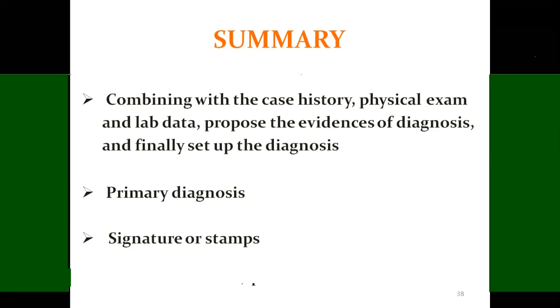After that you will make the primary diagnosis, because maybe your diagnosis is still not accurate and needs more workup. Because of this, we write the primary diagnosis, and then you will write the signature and stamp. So this is our whole process of writing a medical record.